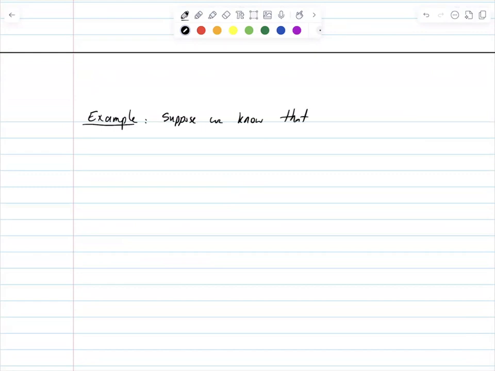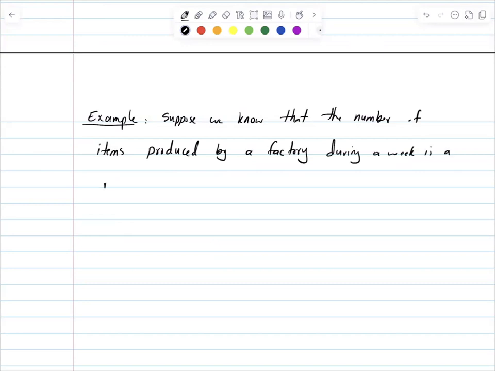Suppose we know that the number of items produced by a factory during a week is a random variable with mean 500.